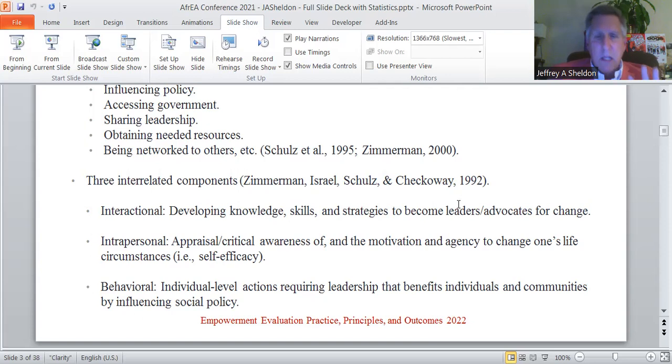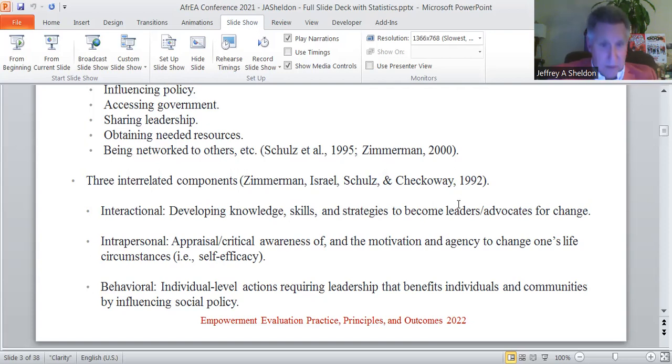So you develop this awareness that if you have knowledge and skills about something, then you're able to develop this agency, this self-efficacy, that you can actually use knowledge and skills to create change. So it's actually putting knowledge and skills into practice.